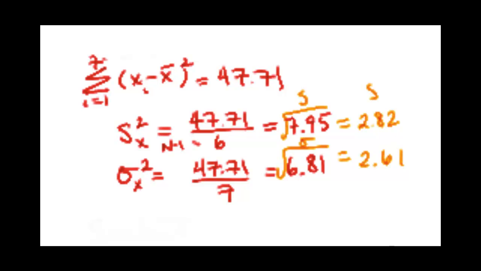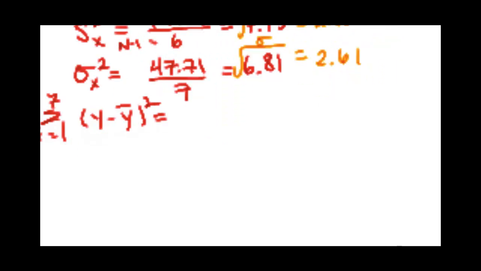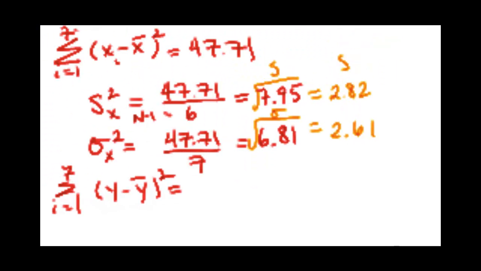Doing the same thing for the y's, that would be the summation from 1 to 7 of the deviations in the y squared. That would give you 291.28.